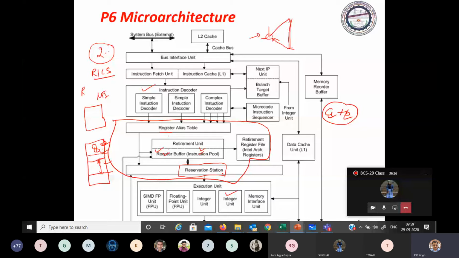Now suppose you have to write R1 is R2 plus R3. The integer unit has performed R2 plus R3, but you have to route the result to R1.